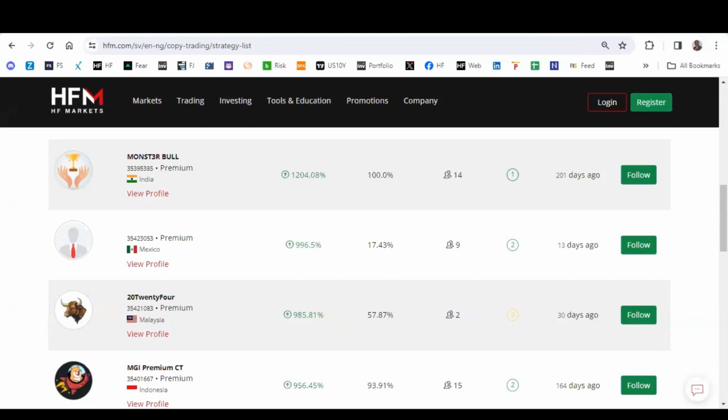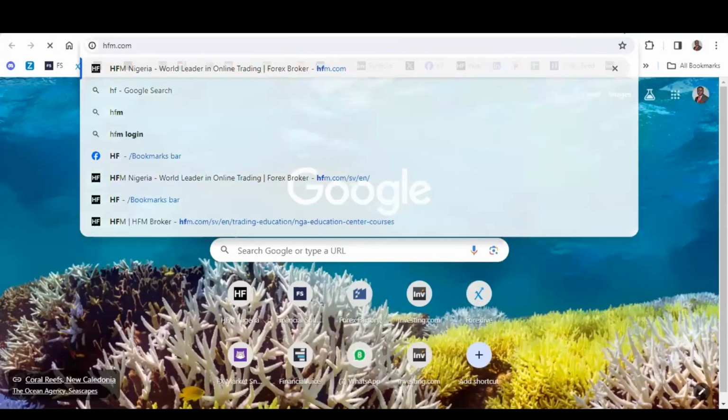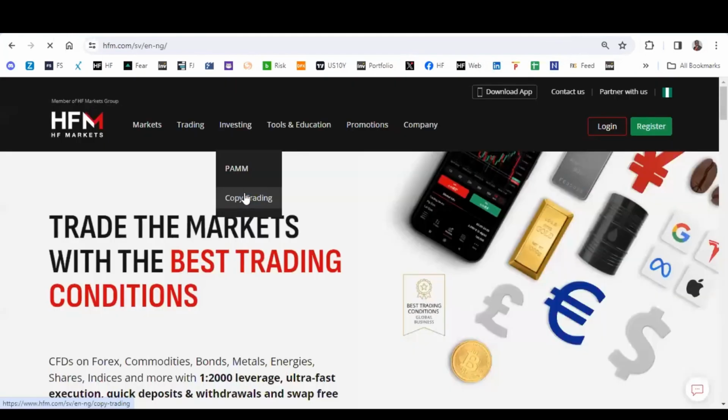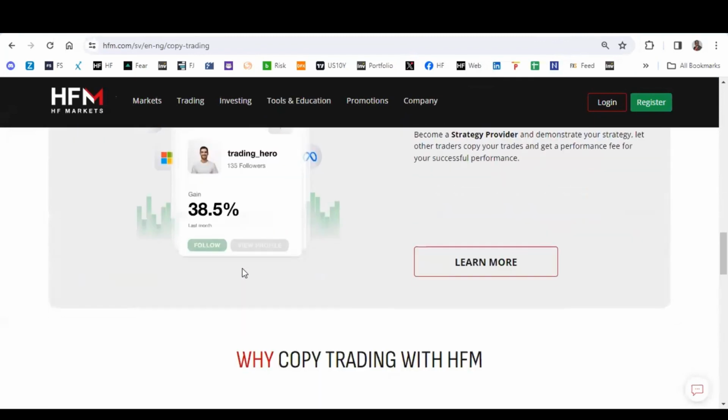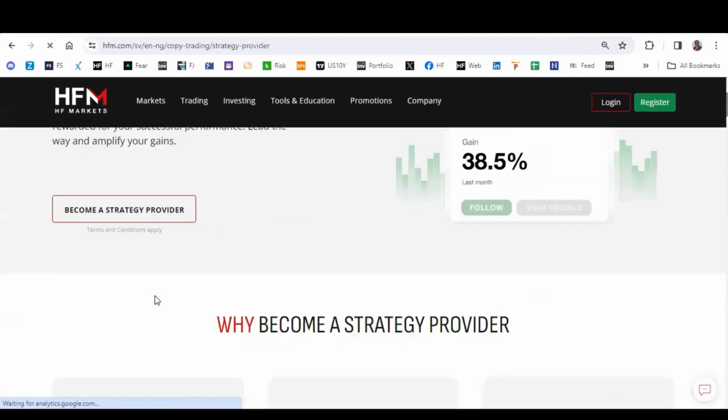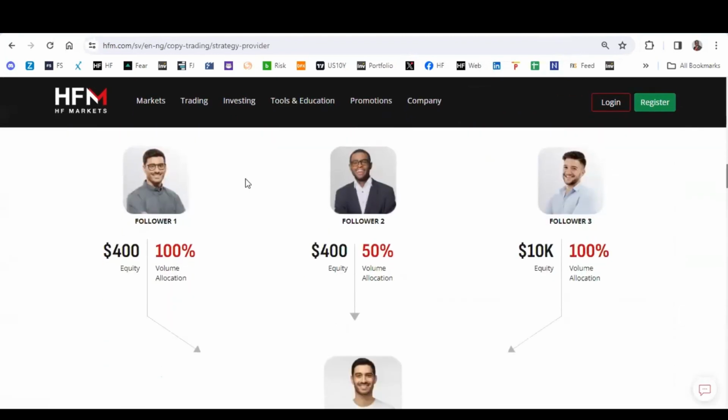I believe I'm going to show you this one more time. If you look on the website under the HFM copy trading platform, under how it works, you would notice that you have different strategy providers, and then different followers for the same strategy provider, and then they have different capital.